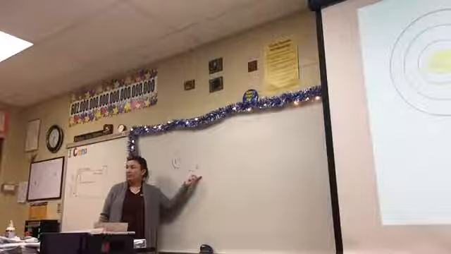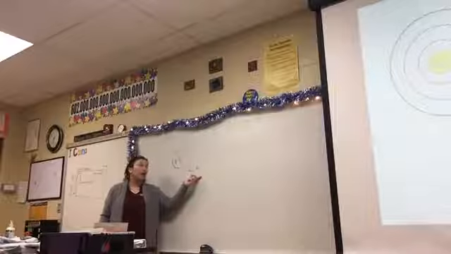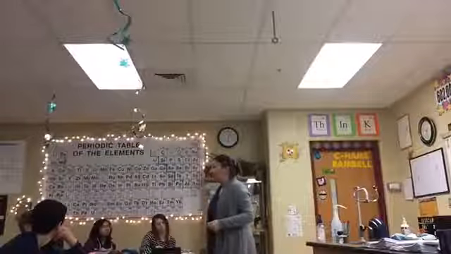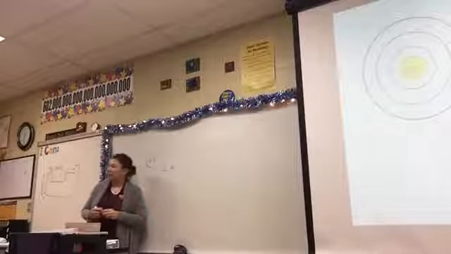So here's oxygen with 8 protons and 8 electrons. Every time it loses or gains an electron, it requires a certain amount of energy. And atoms are lazy. They only want to expend as little energy as they possibly can. So are they going to give up 6 electrons, 6 times the energy, or 2 times the energy by picking up 2 electrons?